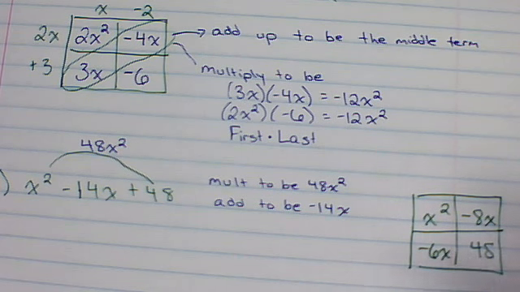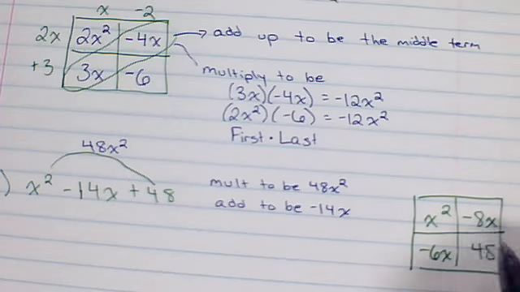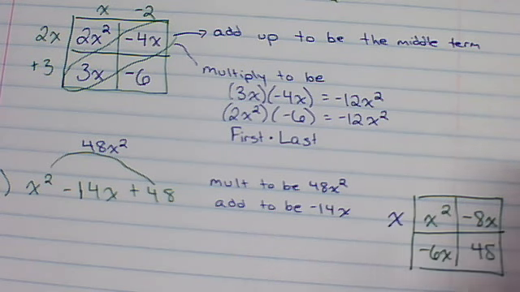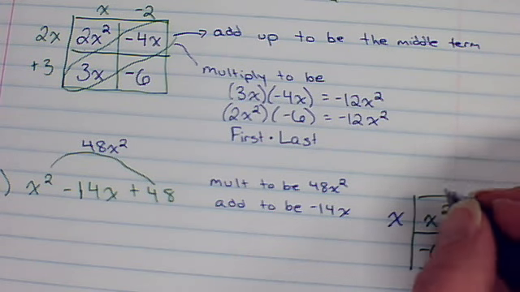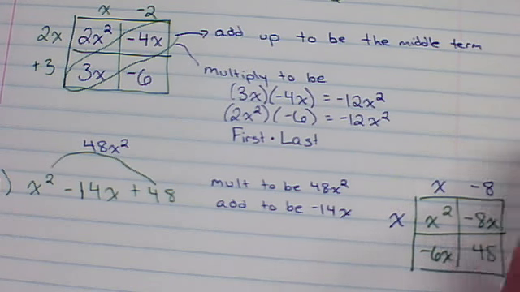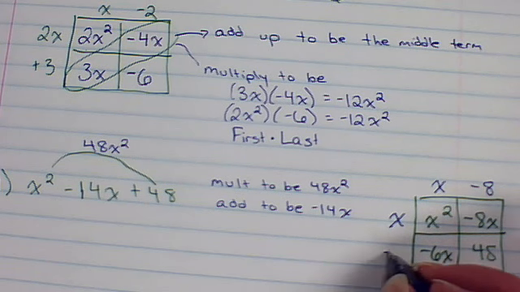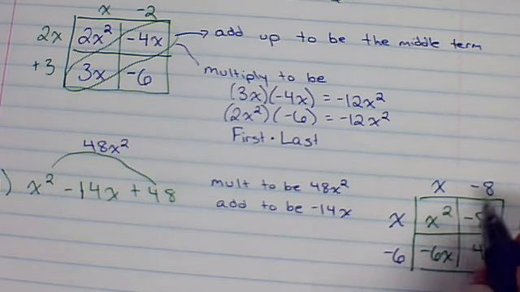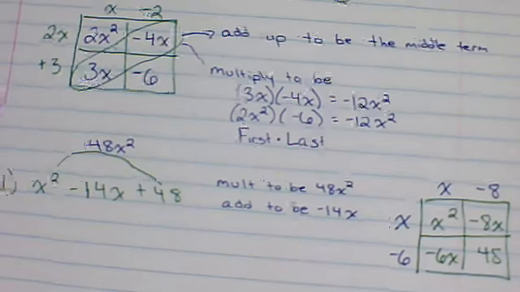Now, if we're trying to unmultiply, let's think back to when we undistributed. What do these two have in common? They've got an x. X times what would have given me x squared? X times what gives me negative 8x? Now let's check here. X times what is negative 6x? Does negative 6 times negative 8 give me a positive 48?